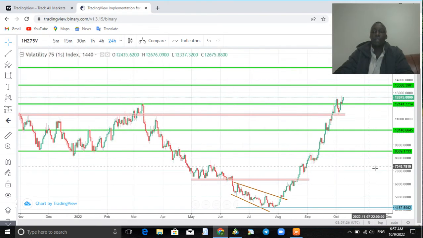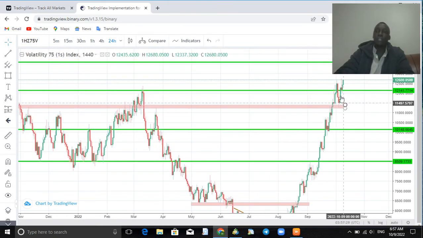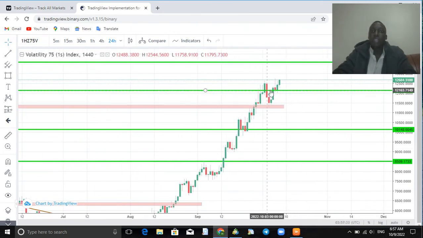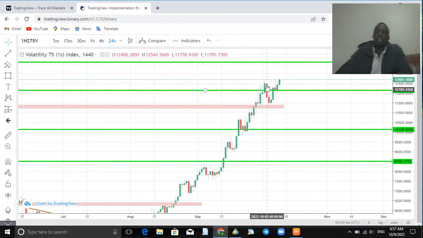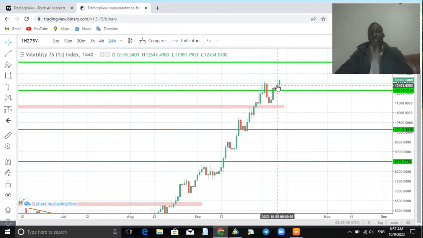Now after the price broke this major market key level, we experienced an inverted hammer plus a bullish engulfing candle. Remember, we are in an uptrend. Due to the fact that we are in an uptrend, if you see an inverted hammer on a support level, that means we still have pressure from the buyers.